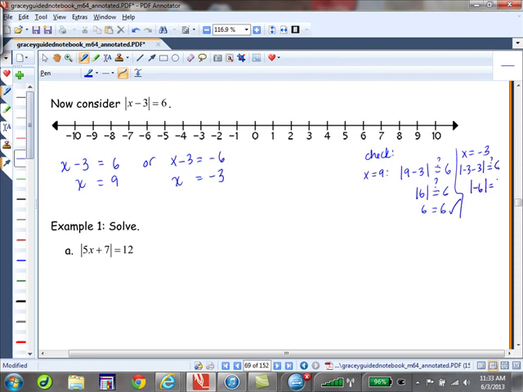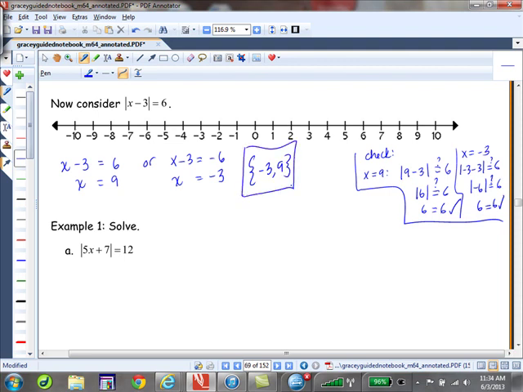Absolute value of negative 6, is that equal to 6? 6 equals 6. So we're done. They both check out. Once you know they both check out, you can go ahead and put your answer in roster notation. And the two answers were negative 3 and 9.